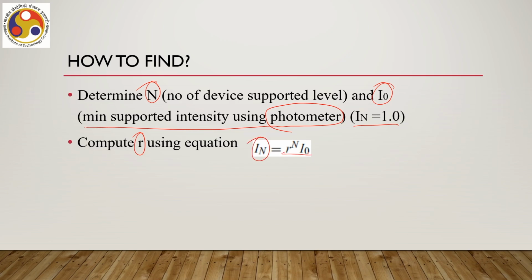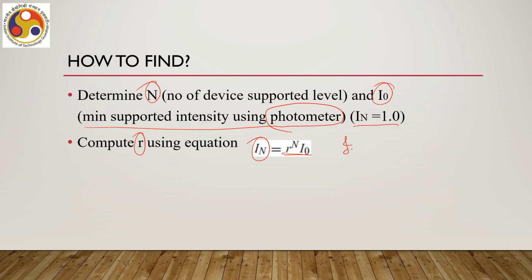Now, this equation is formed based on one of our psychophysiological properties, that is we can perceive relative change between two intensity values rather than absolute change in the intensity values. Based on that, we can formulate this equation as successive intensity values to be represented by these.